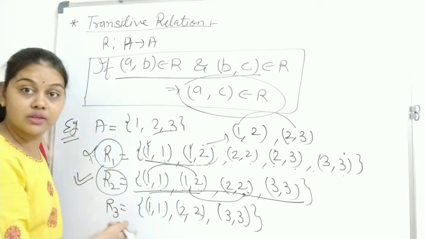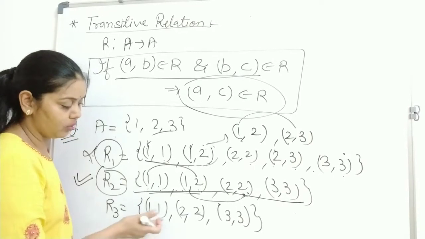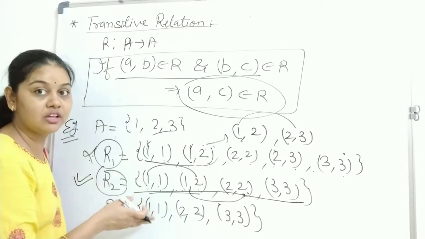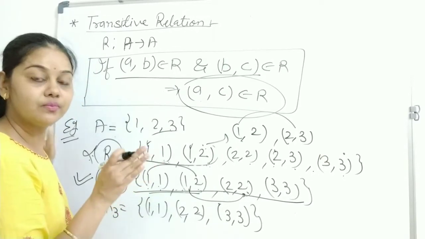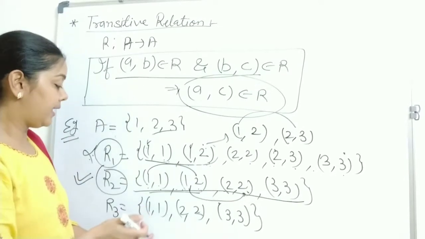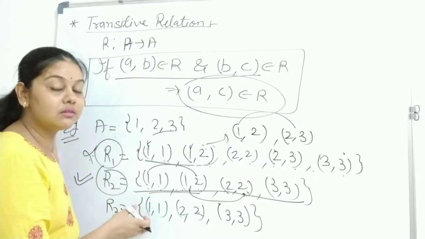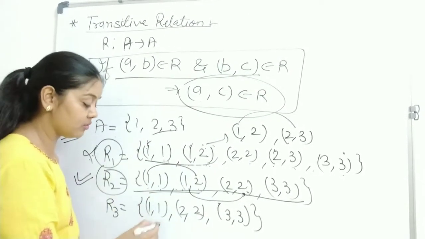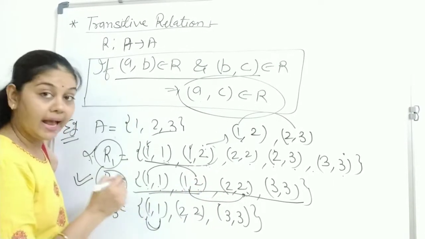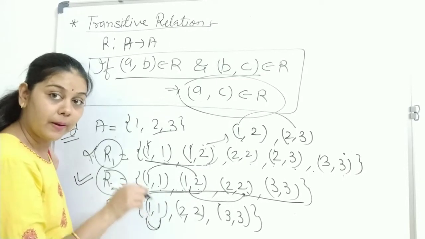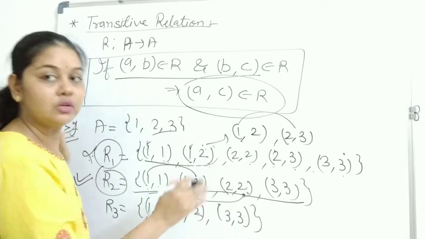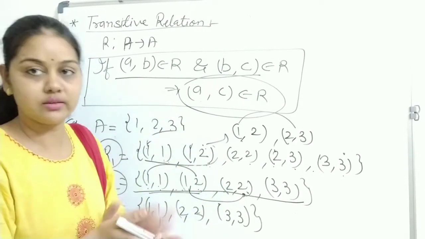In this relation, look at this: 1, 1; 2, 2; 3, 3. That's it. It is an identity relation as well as a reflexive relation. And again it is a symmetric relation. 1 is related with 1, and so on. It is also transitive because we don't have the left side condition, so we need not check the right side condition.